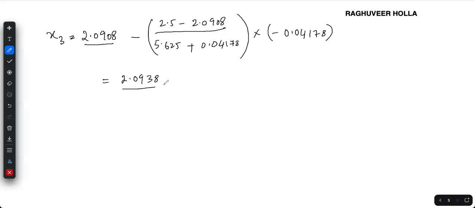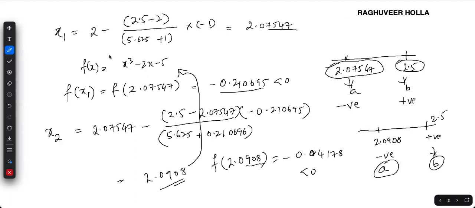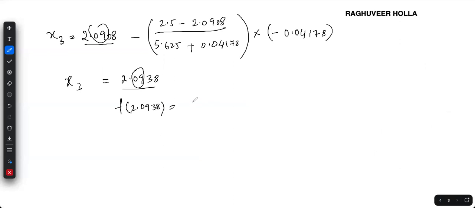Okay, now the new root which you got this, right? So as you can see here, we are trying to get closer and closer, right? So let us see whether when I substitute this root 2.0938, will it be negative, right? So for the function which is this, let us substitute it.